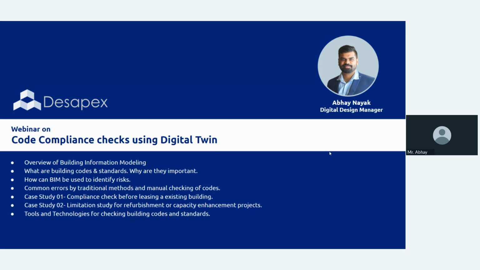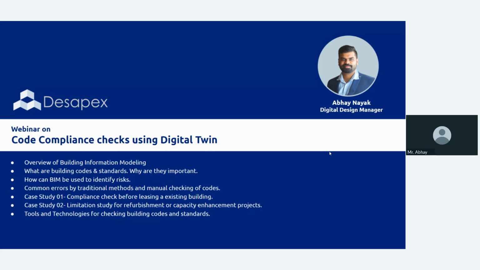So today's topic which we are discussing is code compliance check using digital twin. And what we are going to discuss is, one is the overview on building information modeling. What are building codes and standards and why they are important to us? How can BIM be used to identify risks, common errors by traditional method, and manual checking of codes?